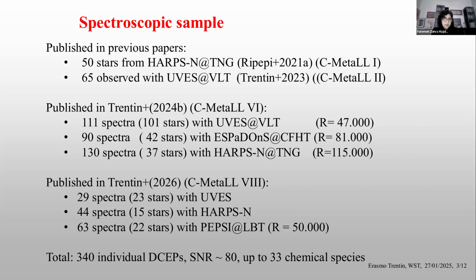Of course, the resolving power here is very different. WST has something around 40,000, while HARPS-N, for example, has like 150K in resolving power.